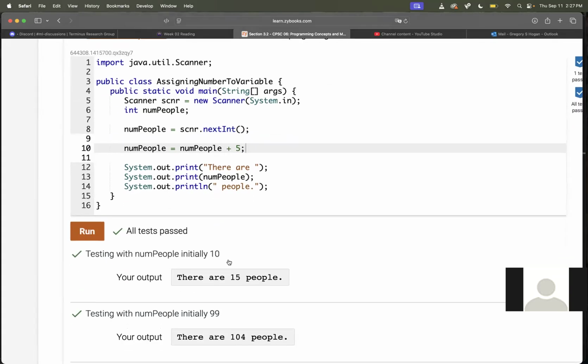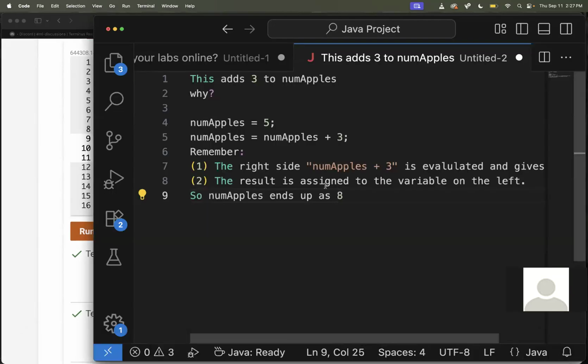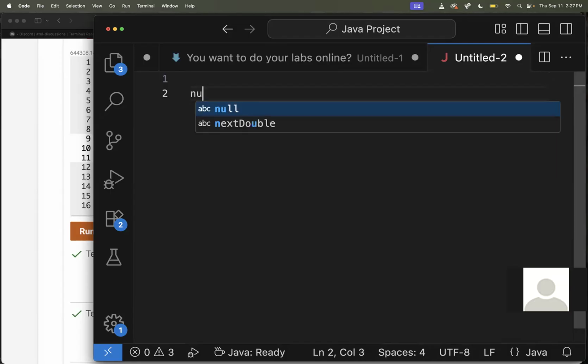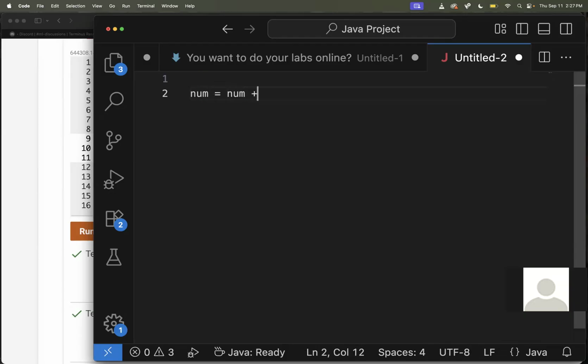Now, since we're doing this right now, it helps to explain this. I'll look at VS Code, which is right here again, just to illustrate something. So I'll use num as my variable because it's faster to type. So num equals num plus, let's say 2. We know what that does, right? Adds 2 to num.